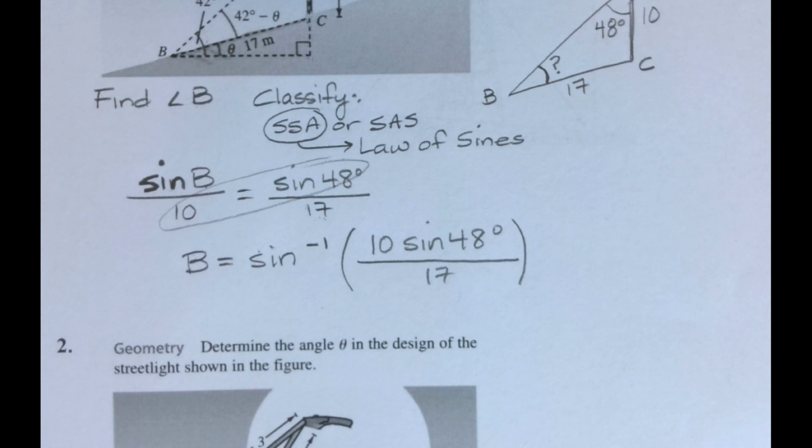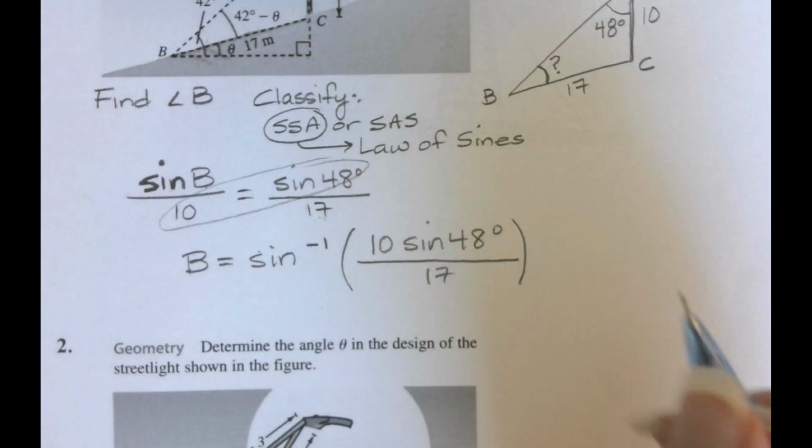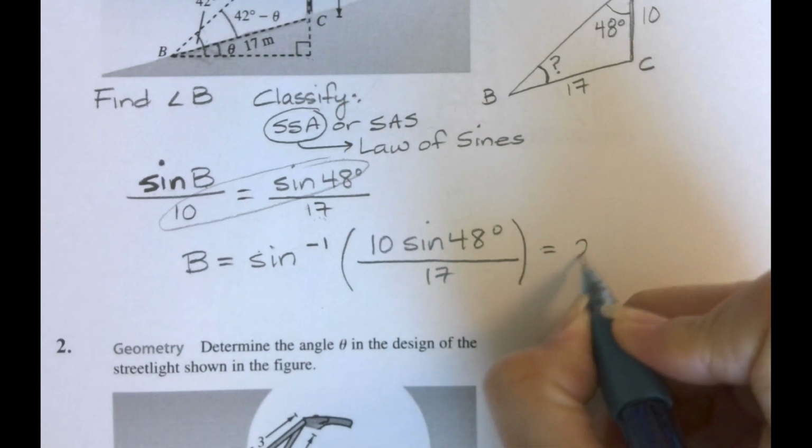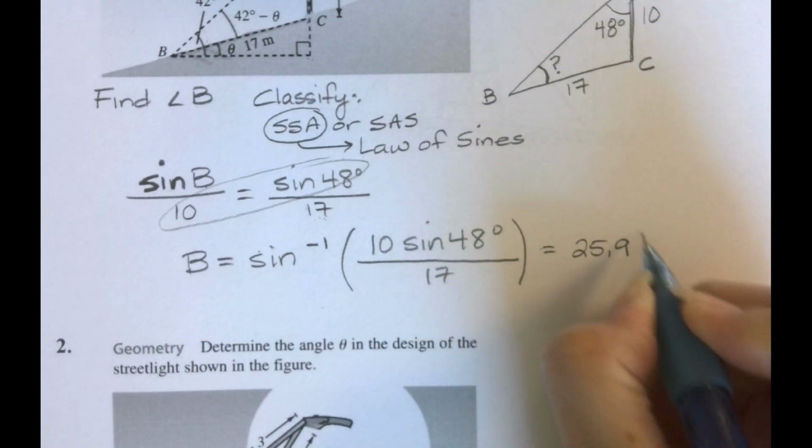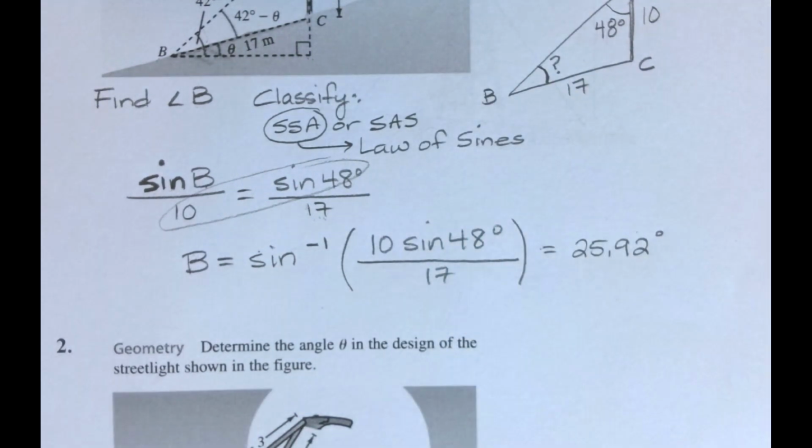Let me call on Dylan. By any chance, do you have an answer yet for B? 25.92. All right. Thank you. Okay. So is that our final answer? That's what I got. Everybody got 25.92? All right.